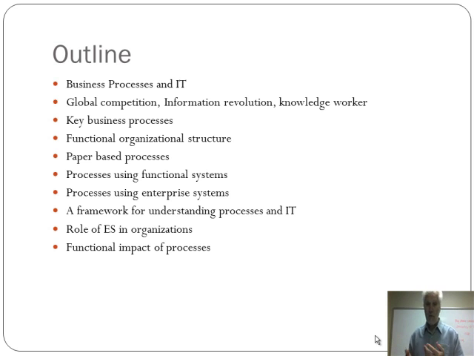So then we talk about the processes within these functional systems, in the warehouse system, in the purchasing system, in the accounting department. And then it talks about how enterprise systems have grown and developed. An enterprise system is just an application, but a huge, complicated, complex application that has lots and lots and lots of parts to it. An enterprise means the whole corporation. Rather than just the accounting department, it's everything in the corporation, regardless of what the corporation does.